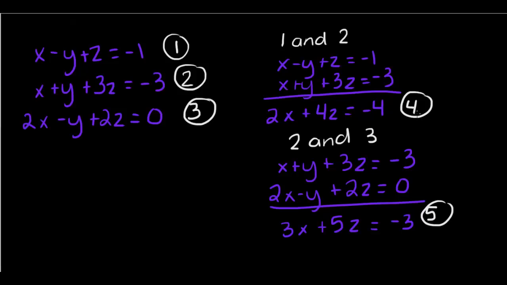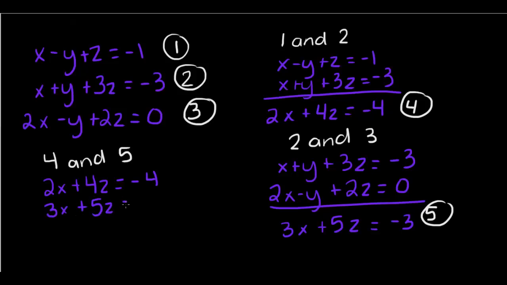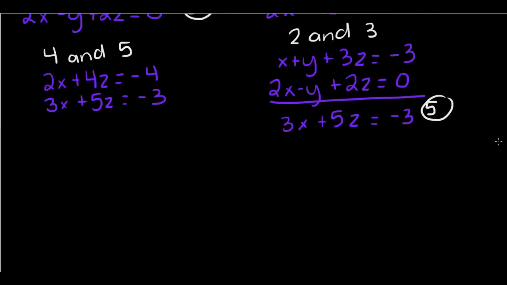So now I'm going to combine 4 and 5. So I have 2x plus 4z equals -4, and 3x plus 5z equals -3. Now to eliminate the variables, I'm going to have to perform operations on both number 4 and number 5.